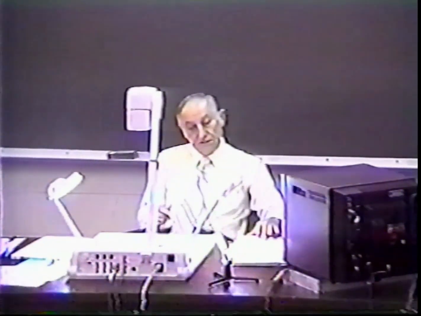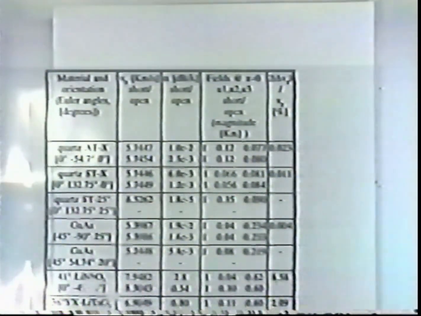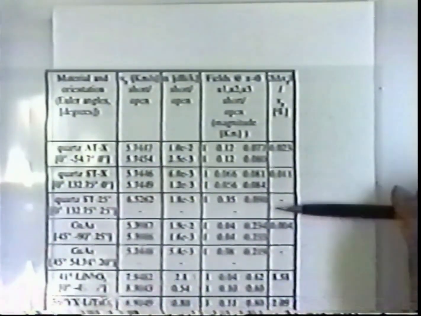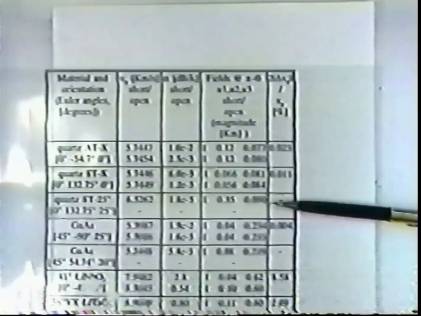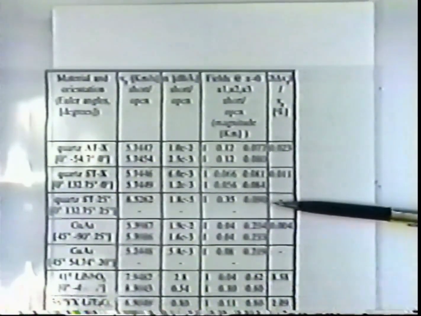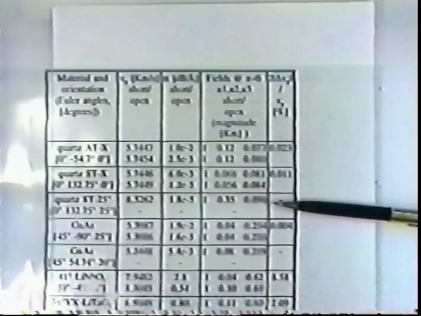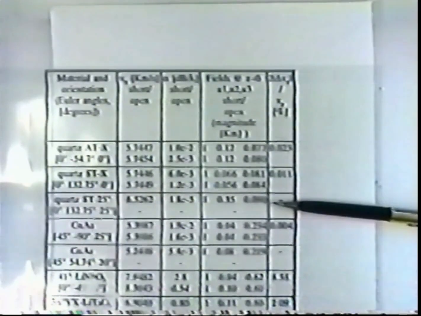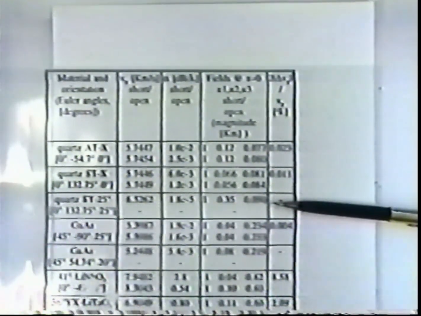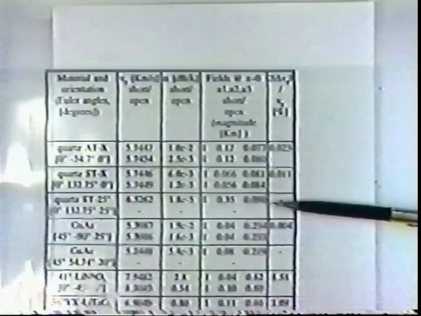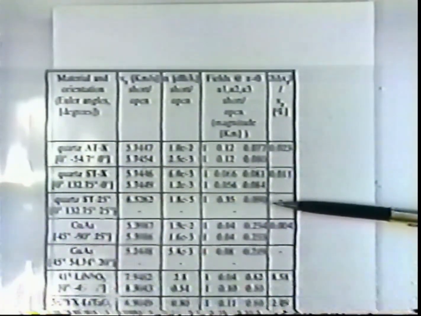No. If we just take a look at any one of these numbers, let's take a look, for example, at the ST 25 degree quartz. You'll see that at that angle the attenuation is 1.8 times 10 to the minus 5 dB per wavelength, and yet there's nothing particularly startling about the polarization. No, it's piezoelectric.